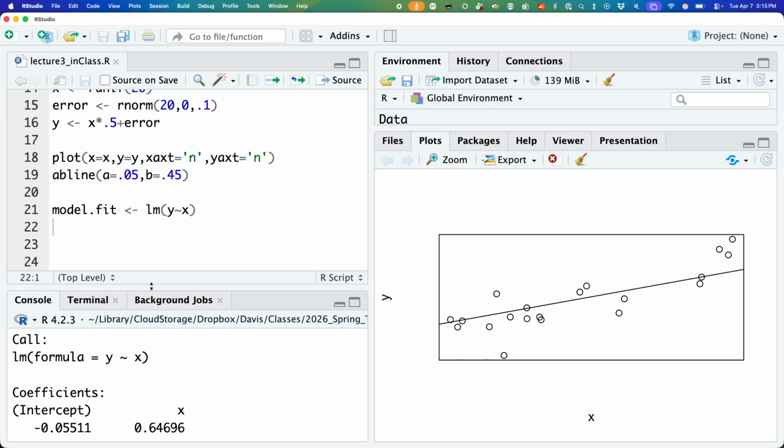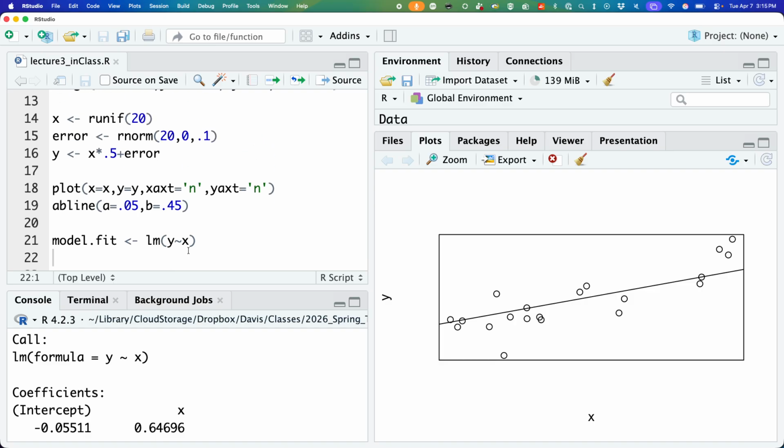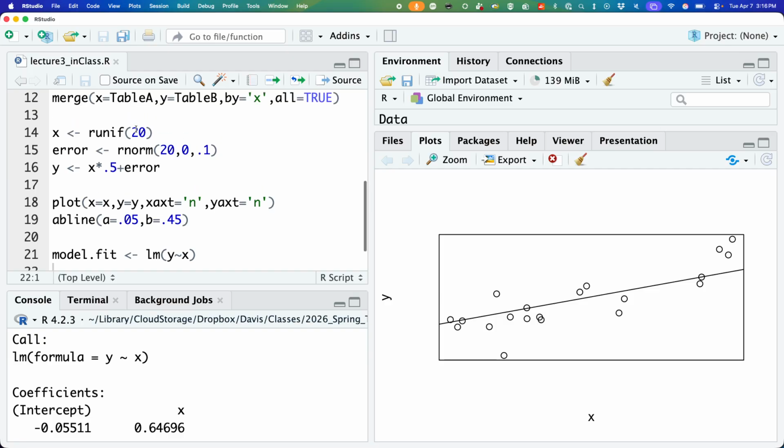Oh, you know what? I am grabbing this from slightly the wrong figure. Okay, I'm gonna change this a little bit. It's not gonna make a huge difference, but we're just changing some of the numbers, just so that I'm using the same code.